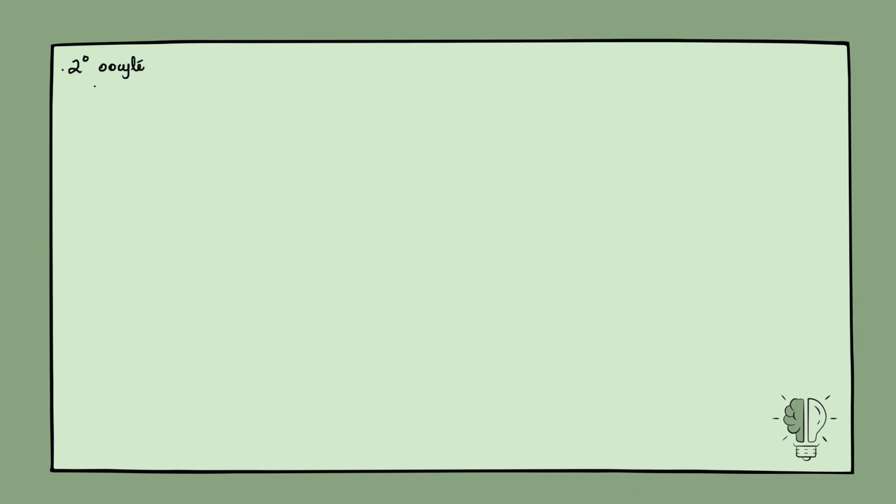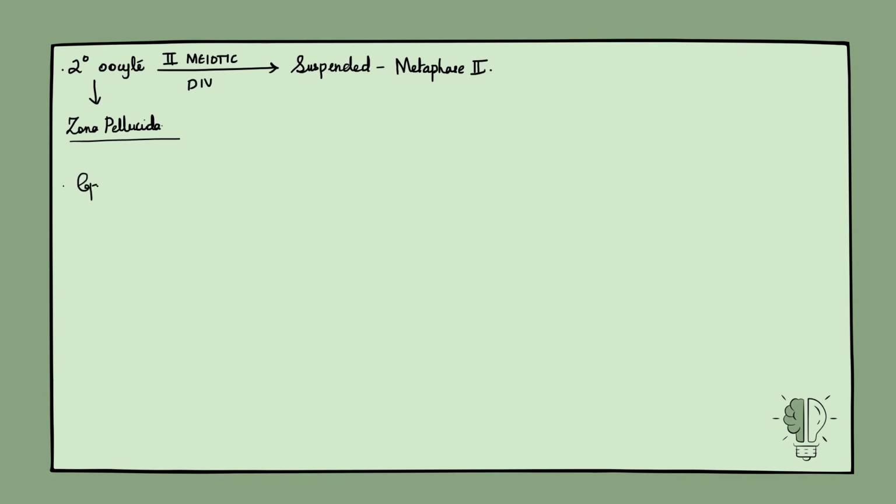Now the secondary oocyte within the Graafian follicle forms a new membrane around it, which is called the zona pellucida, and the secondary oocyte then undergoes the second meiotic division to get suspended at metaphase 2.